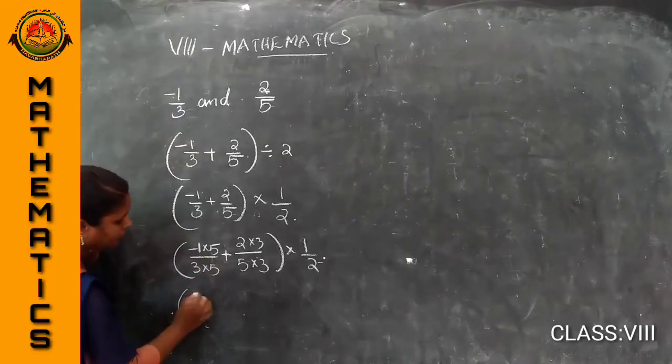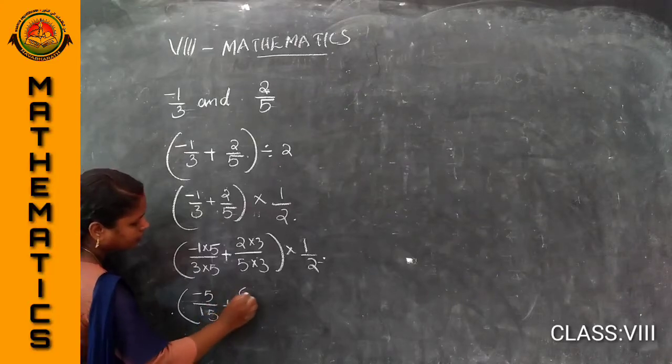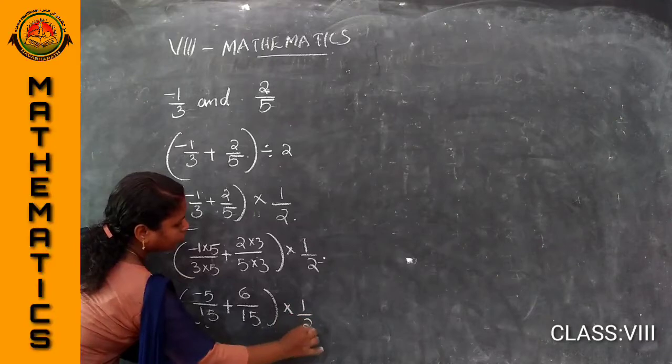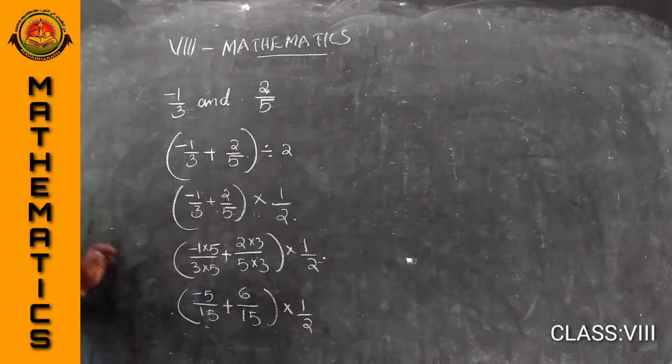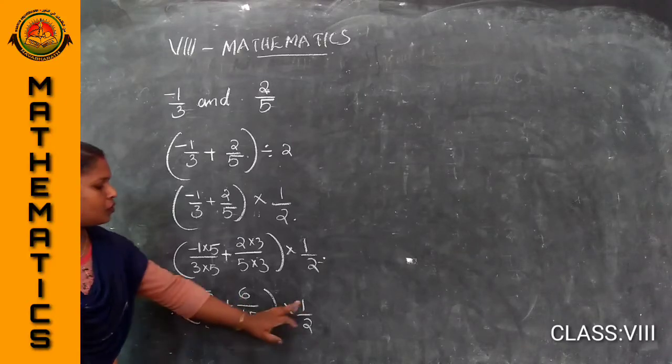It is equal to negative 5 by 15 plus 6 by 15, into 1 by 2.